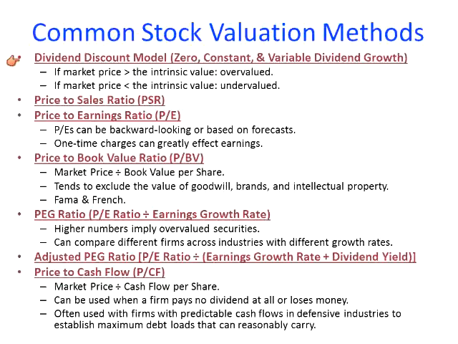The top one here is the dividend discount model, and there was a calculation where there was no growth whatsoever. That would be the zero growth, one simple calculation.